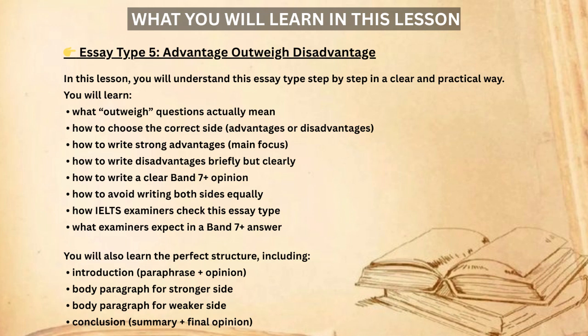You will also learn how to write disadvantages briefly and clearly, so your essay doesn't become 50-50. You will learn how to write a clear band 7+ opinion, how to avoid writing both sides equally, and how IELTS examiners check this essay type. And finally, you will learn the perfect structure including introduction, body paragraph for stronger side, and body paragraph for weaker side and conclusion.